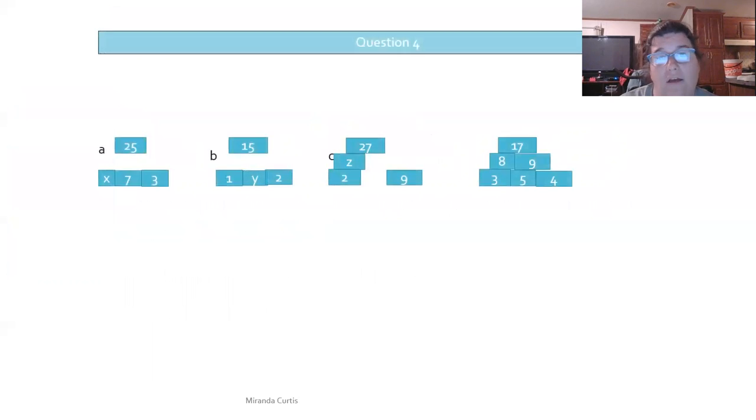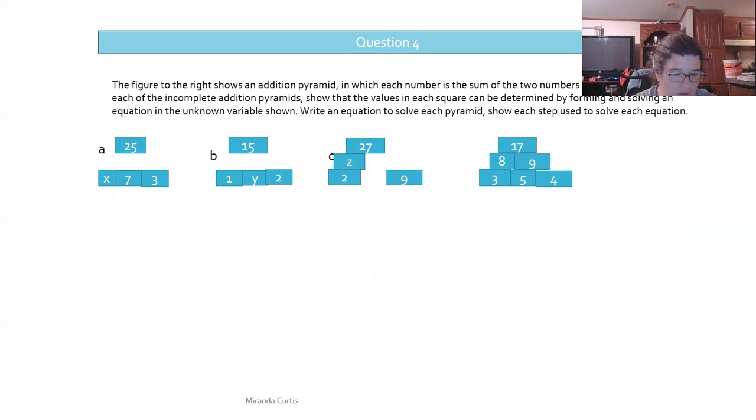Okay, our next question is question 4. The figure to the right, which is over here, you see it? Over there. The figure to the right shows an addition pyramid in which each number is the sum of the 2 immediately below.